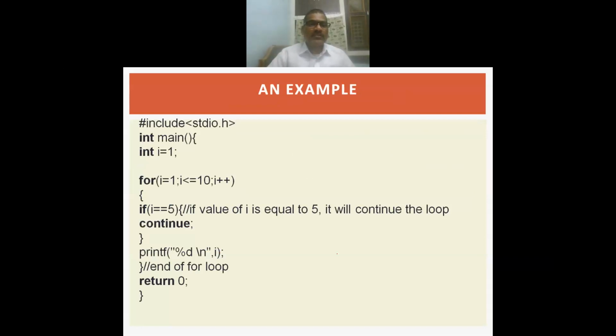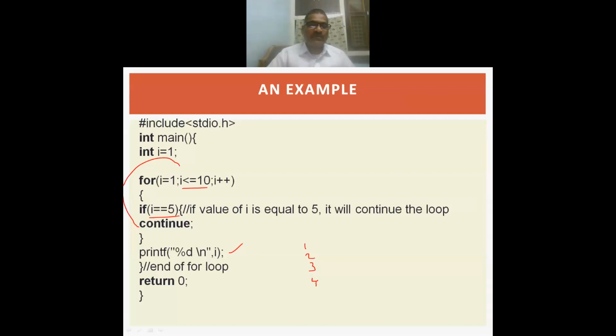If you take this example here, i is equal to 1, i is less than or equal to 10, i plus plus. If i is equal to 5, then we are continuing. That means if i is not equal to 5, we are printing the i value. So it is going to print 1, 2, 3, and then 4.